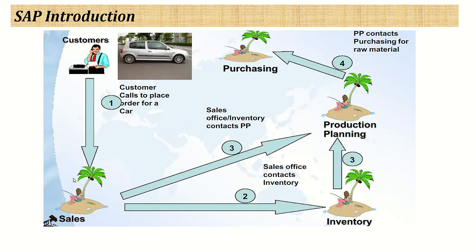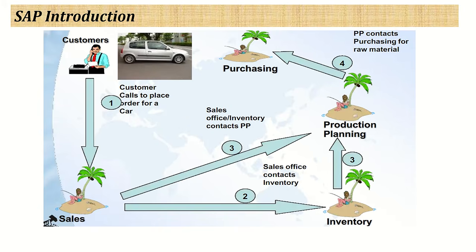Now once the sales department gets a call from the customer for an order of a car and they enter the order in the system, with the help of the ERP system they can check in the software whether the inventory is available for that product or not. From any location, they can check the stock availability.